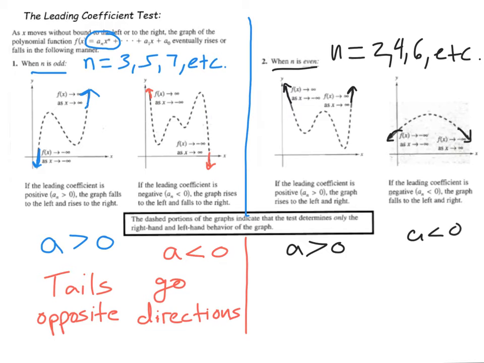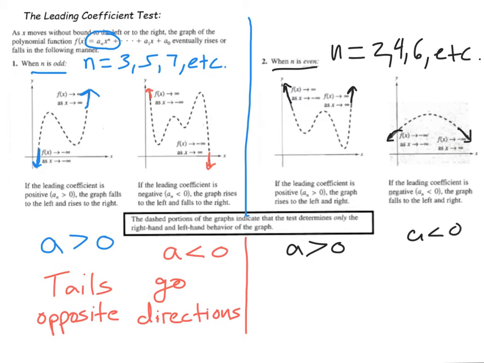However, they still fit these types of properties, right? We've seen with quadratics that if a, that number in front of the first term, what we call the leading coefficient, the number in front of x squared, is positive, that quadratic and its graph opens up. If it's negative, it opens down. That's the same as the tails just going in the same direction, okay?